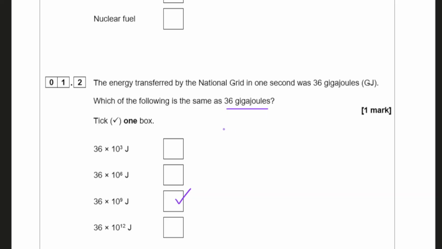Remember, 10 to the power 3 means kilo, 10 to the power 6 means mega, 10 to the power 9 is giga, 10 to the power 12 is tera, and I've got a small table to help you remember this.